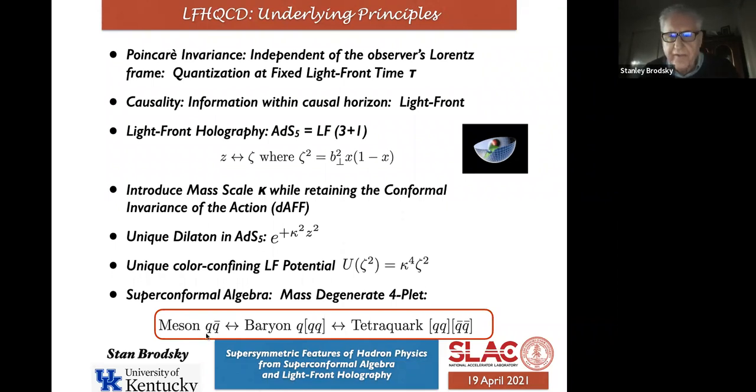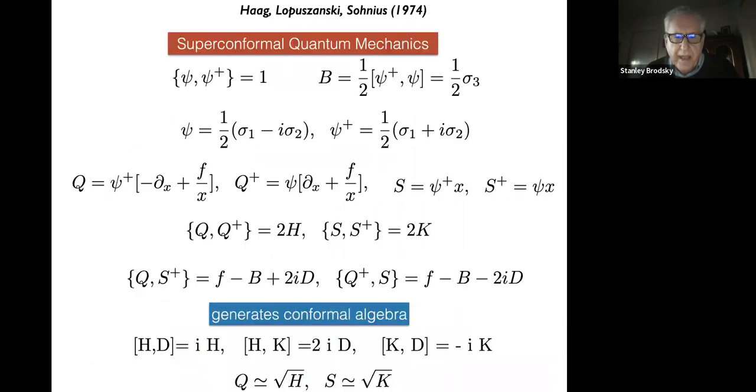You're quantizing at fixed light-front time, tau, not t. You have this correspondence between z and zeta. You have this dilaton, and it has a confining potential. And you also have a duality, as I'll show you in just a moment, between mesons, baryons, and tetraquarks, all with the same mass.